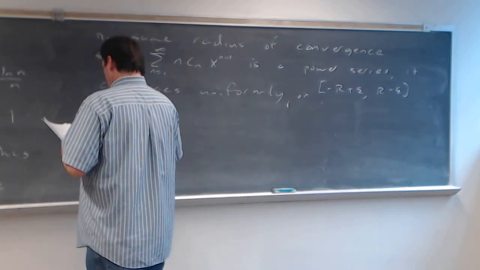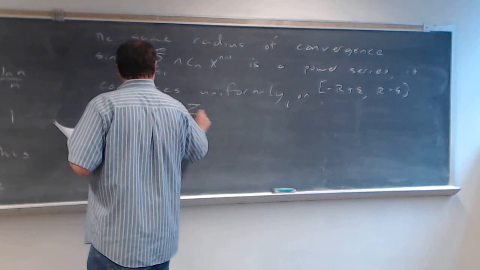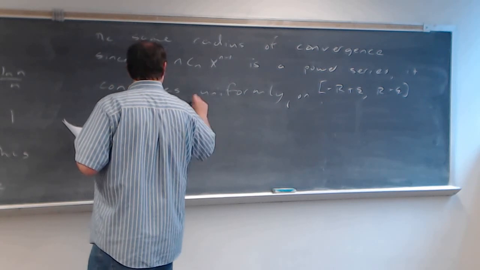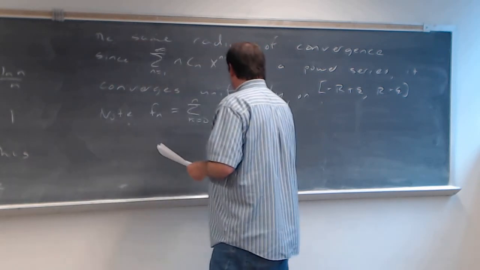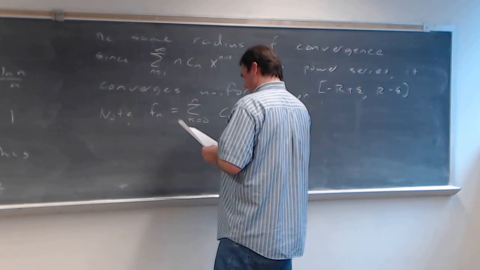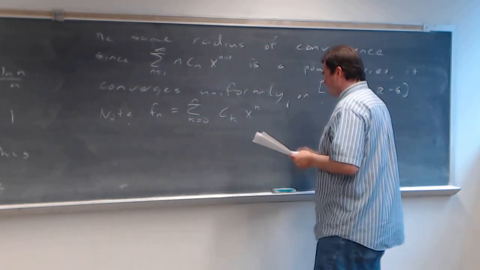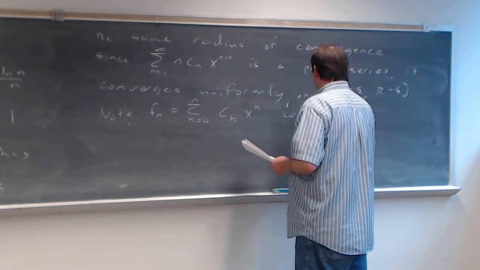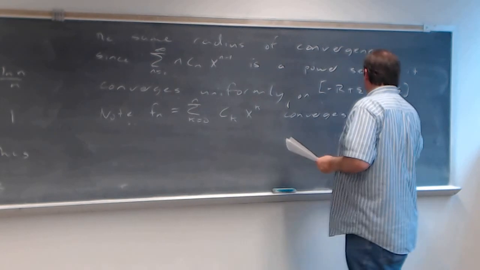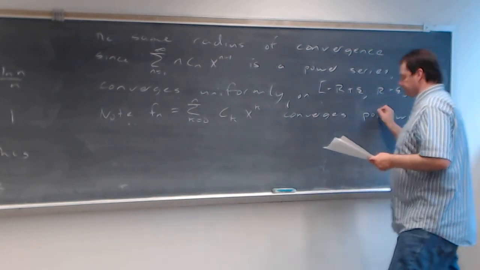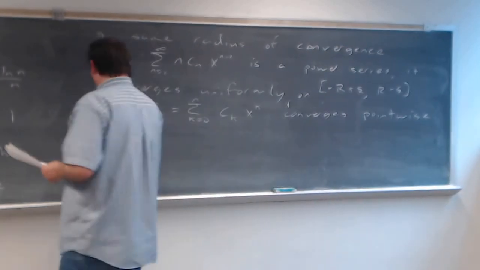Note, if we look at f sub n equal to the sum as k runs from 0 to n of c sub k x to the k, this converges pointwise to f.